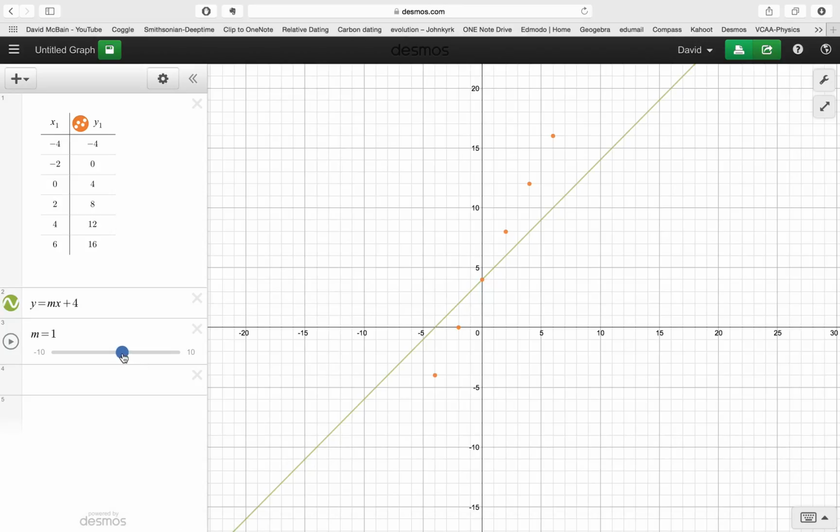It's obviously going through the point 4, that's correct, but the slope is wrong. I need to make the graph steeper, so I need to increase my value for m. Now notice 3 is too far, but when I make m equal to 2, it goes through each of the points. So the rule here is y equals 2x plus 4.